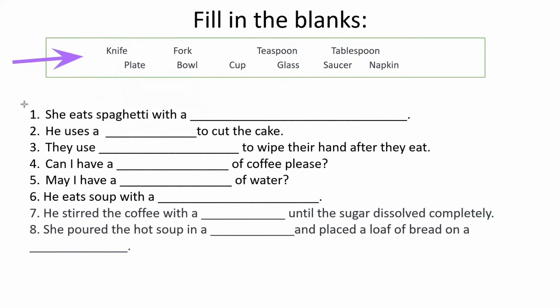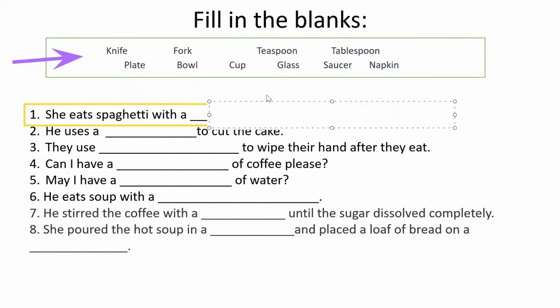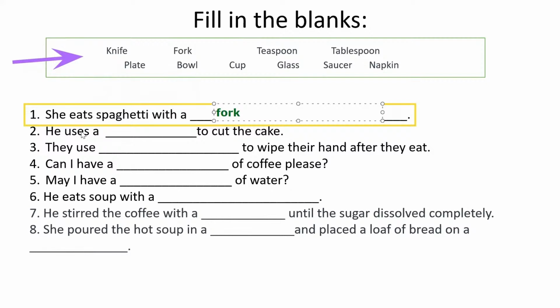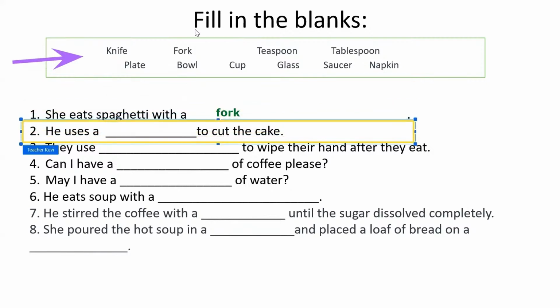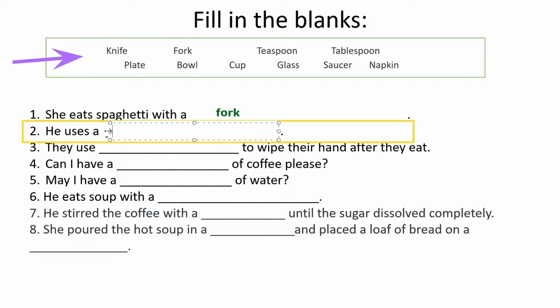Number 1 says, she eats spaghetti with a, the correct answer is fork, with a fork. Perfect. Number 2, he uses a to cut the cake. So we would say he uses a knife to cut the cake.